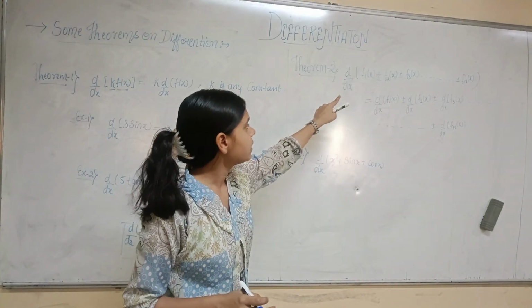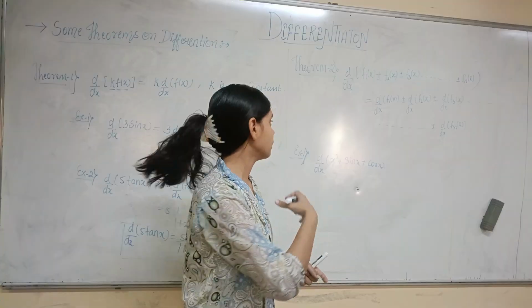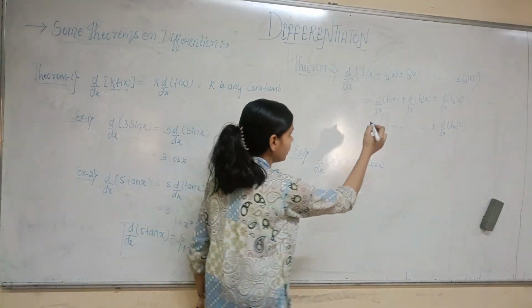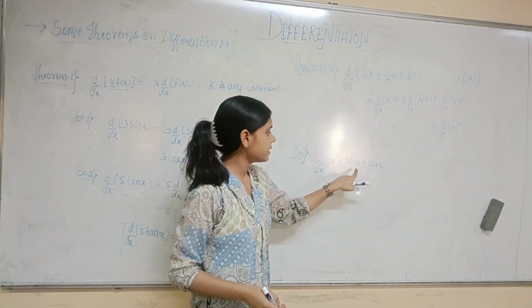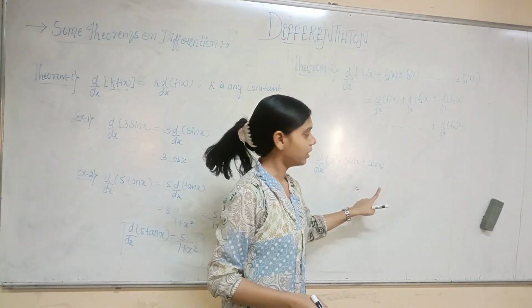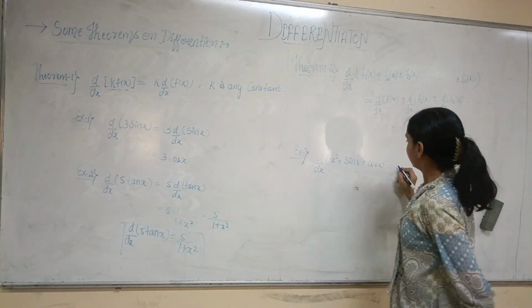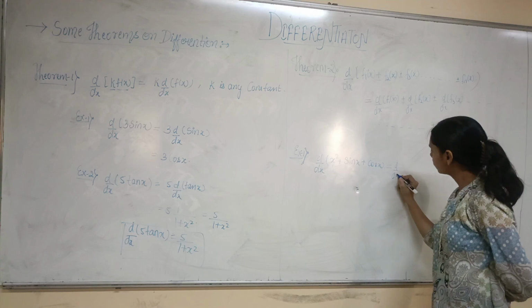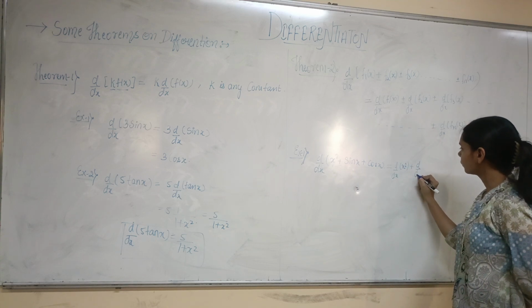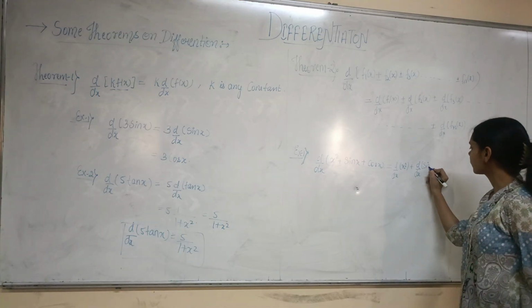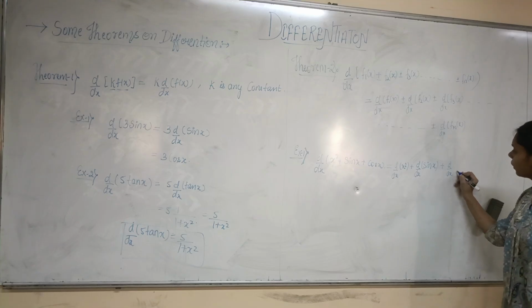So here f1(x) is x square, f2(x) is sin x and f3(x) is cos x. So we can write d by dx of x square plus d by dx of sin x plus d by dx of cos x.